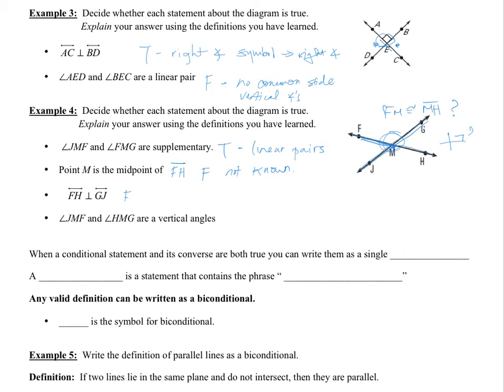Let's see, JMF, HMG. These two, yes, true. Angle intersecting lines to form two pairs of vertical angles.